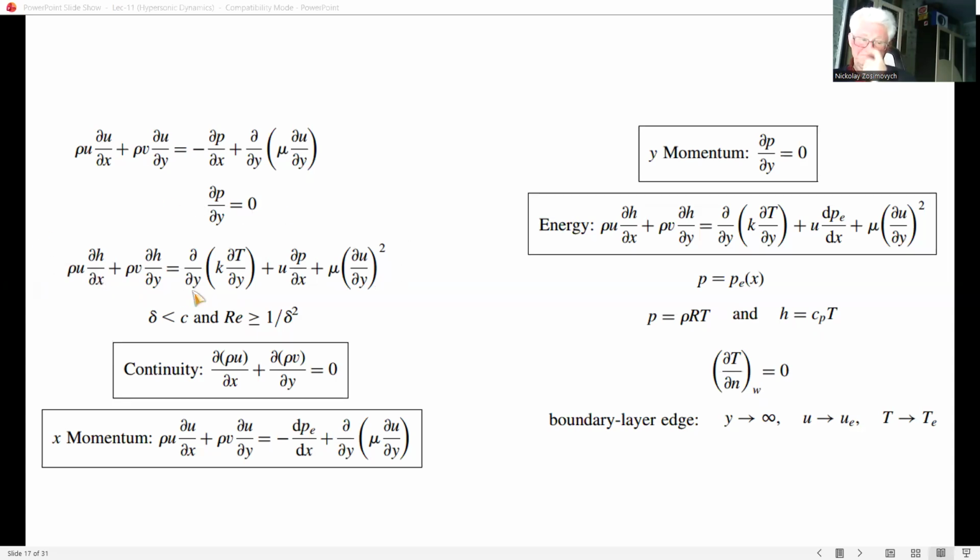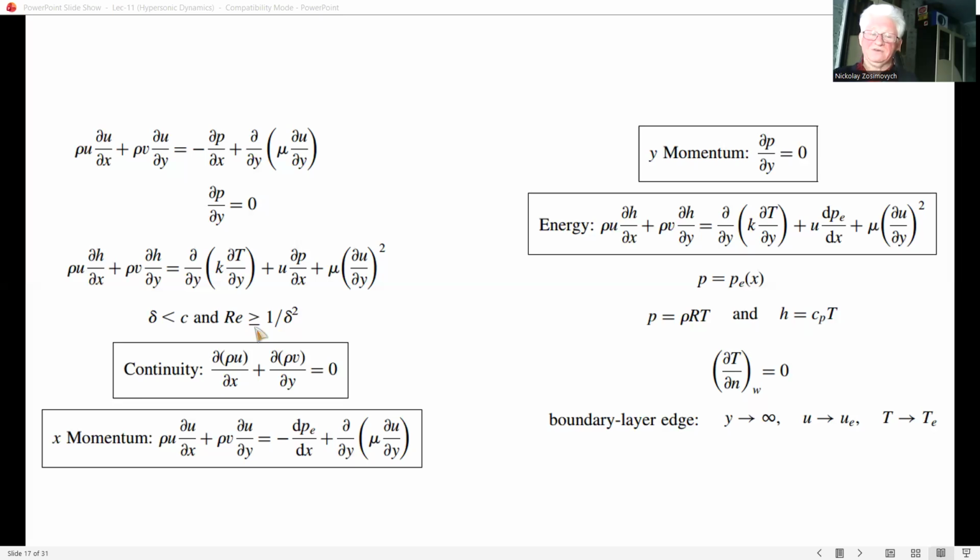The details are left to you. So, in summary, by making the combined assumptions, namely delta less than c, and Reynolds number of order 1 over delta squared, the complete Navier-Stokes equations can be reduced to simpler forms that apply to a boundary layer.